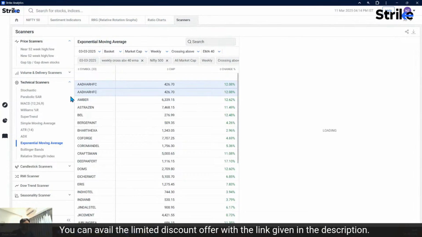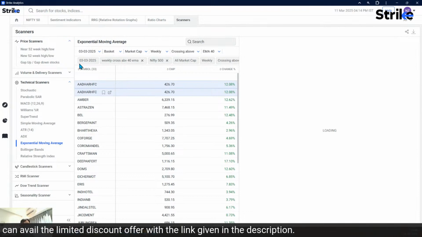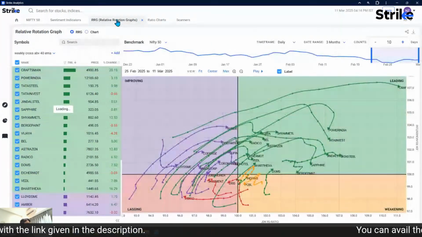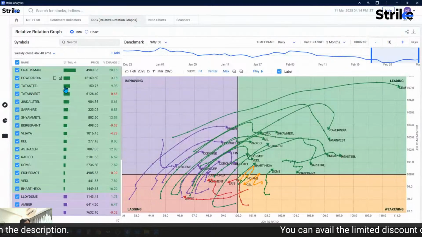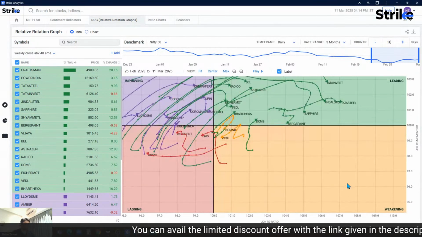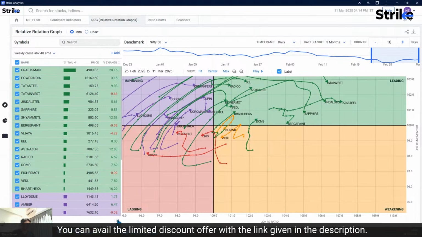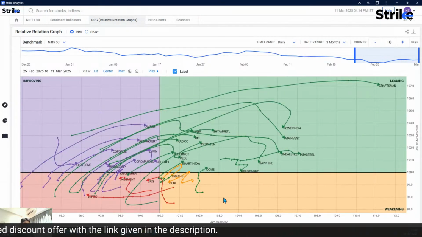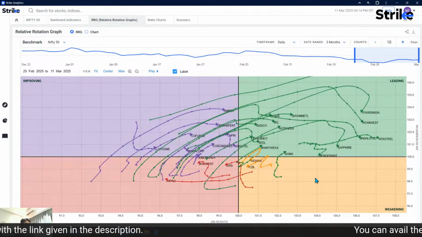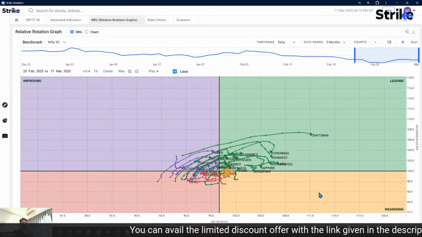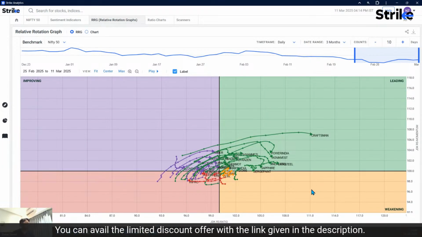Once you get a list of stocks over here, make a watch list. Once the watch list is made, come to RRG. In the RRG, you select this, and over here you will find stocks which are in the improving quadrant. There are many stocks over here, so it will be a little bit confusing, so you have to be very clear. I'm not going to do stock specific analysis over here. This is something that you can try for your own self and see the beauty of this.